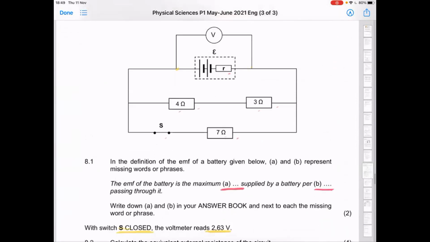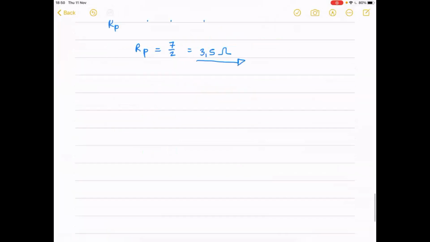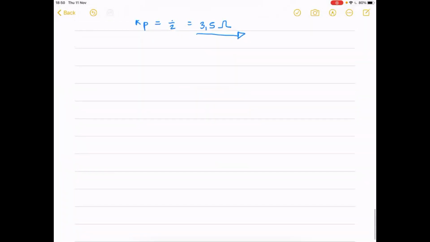So let's do this. 8.3.1. I'm going to divide my page here for when the switch is open.